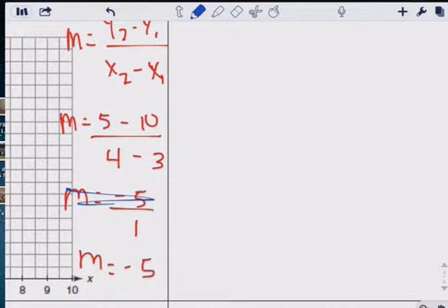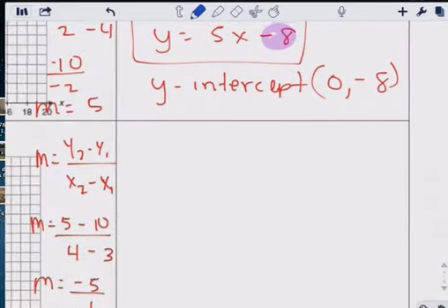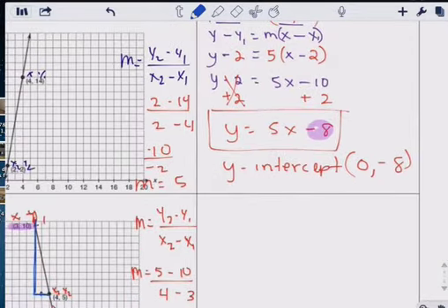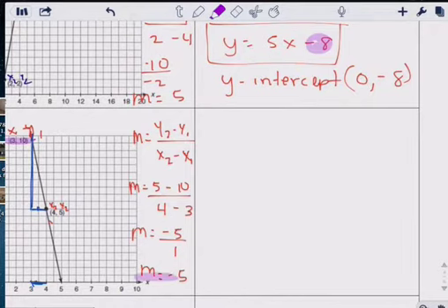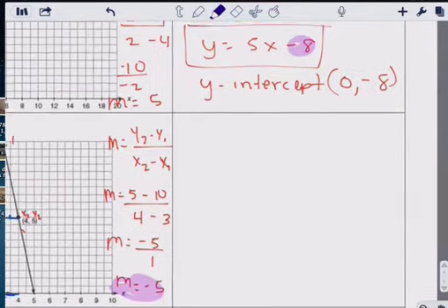Try to always double check your math before you continue to do the other part, because if you make this mistake right here, everything else will be wrong. Make sure that's right. That's what I was doing, double checking.